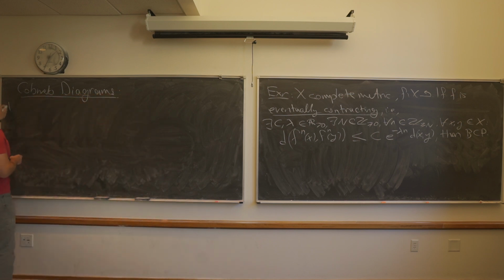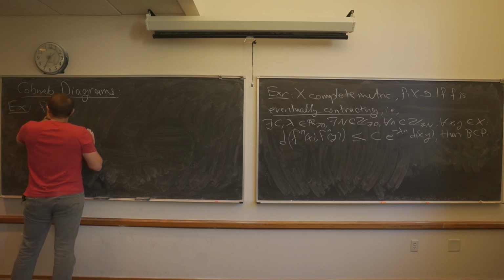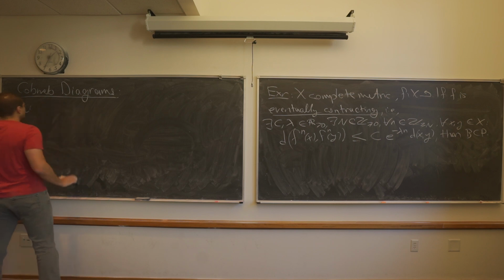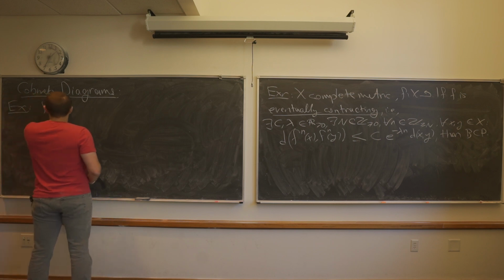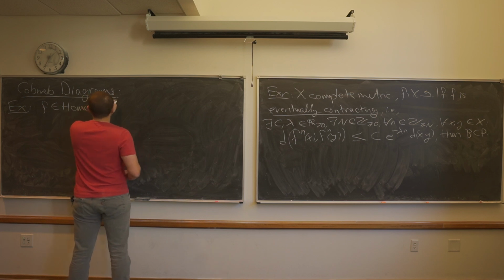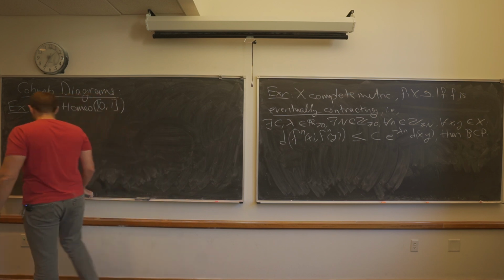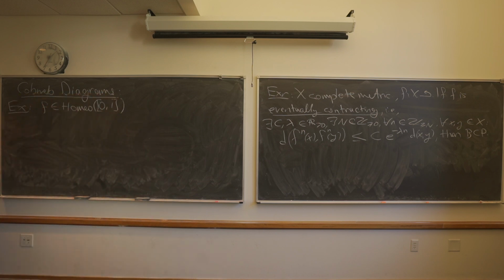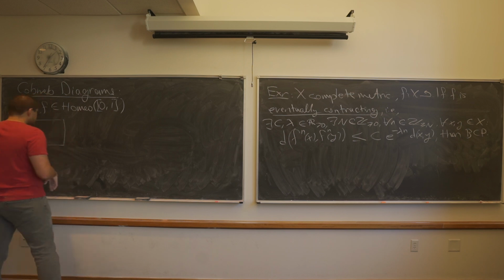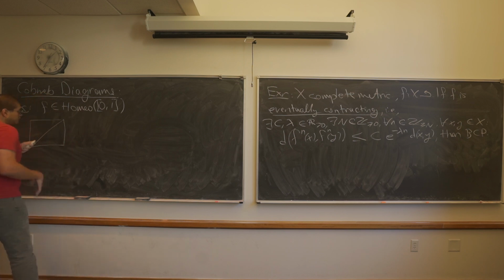Okay, so I'm going to give this example. f is going to be a homeomorphism, maybe I should write it like that, of the interval. So it's a continuous map from the interval to itself. It has an inverse, and the inverse too is continuous. And I'm not going to write the formula for it. I'm just going to draw its graph.